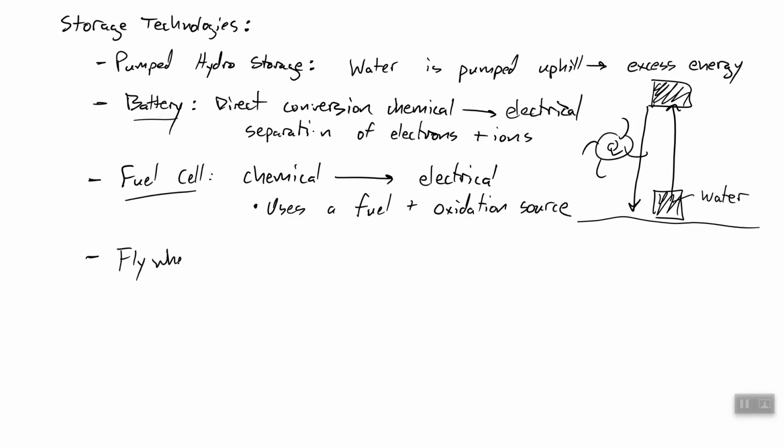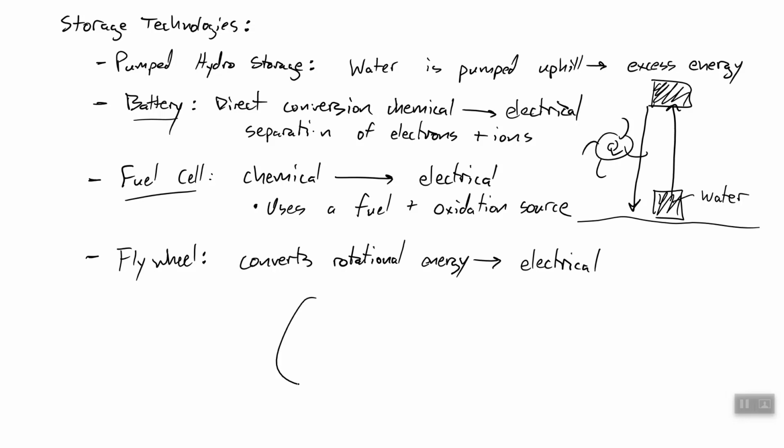Another interesting technology, usually kind of used for vehicles and less large-term energy storage, is a flywheel, which converts rotational energy, or we could say kinetic energy, into electrical.